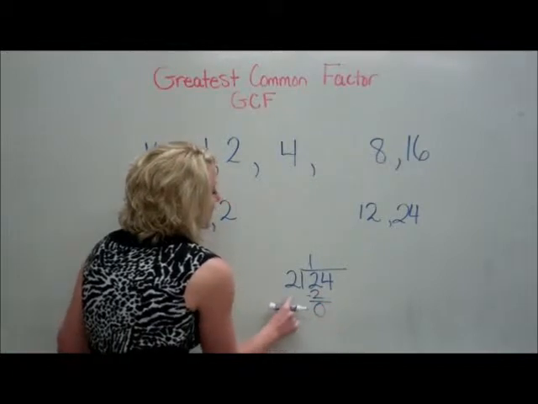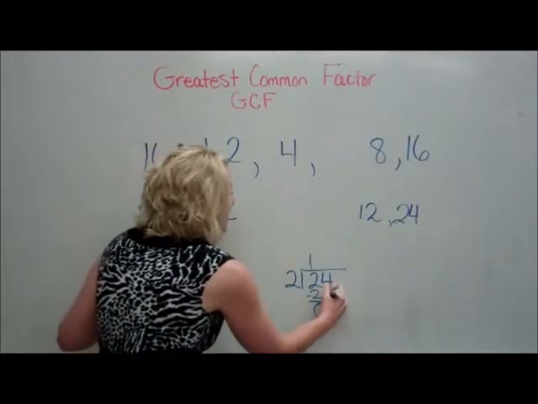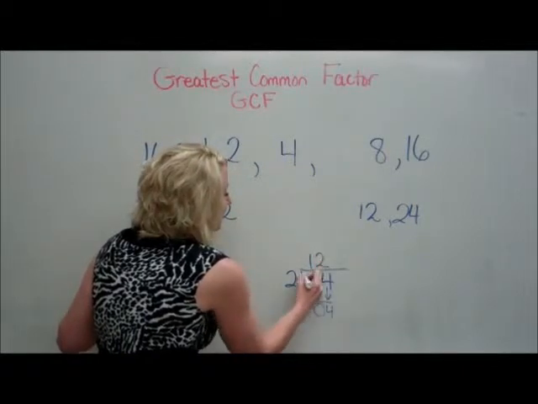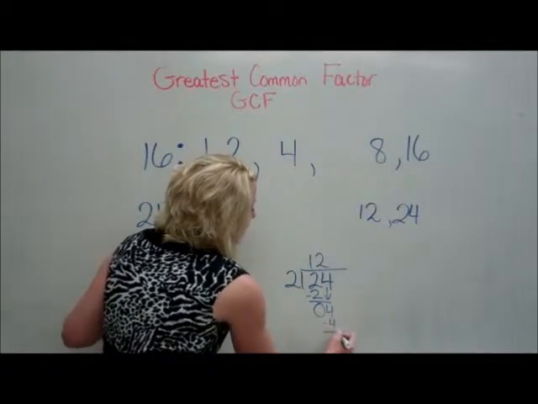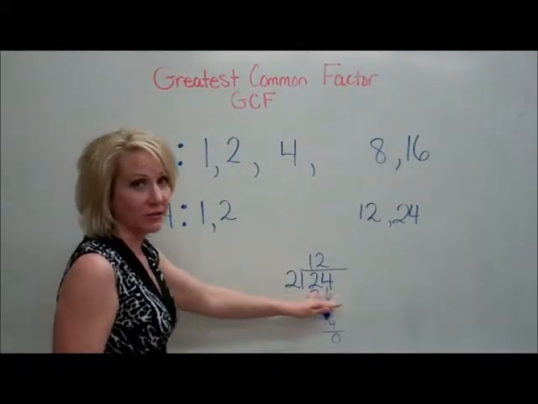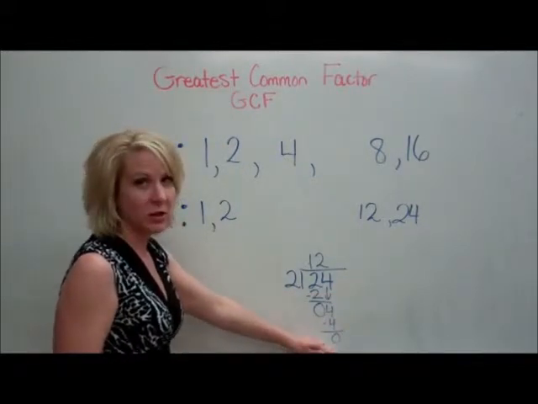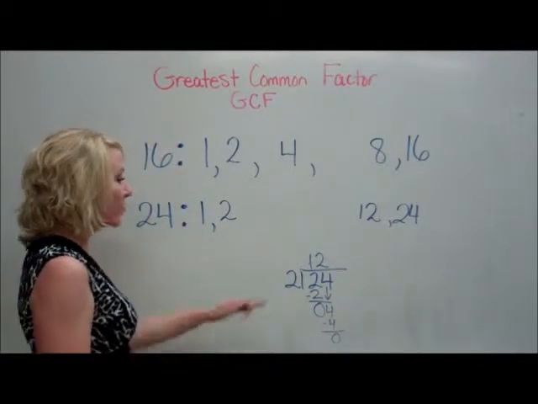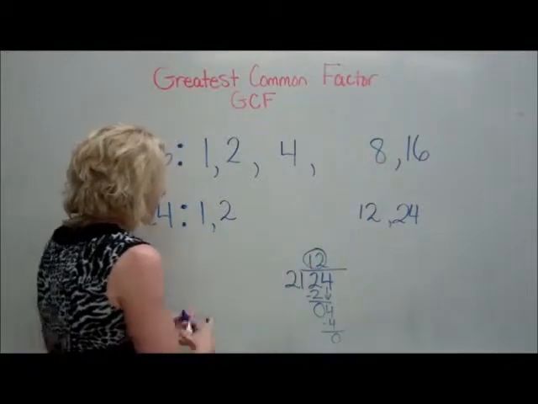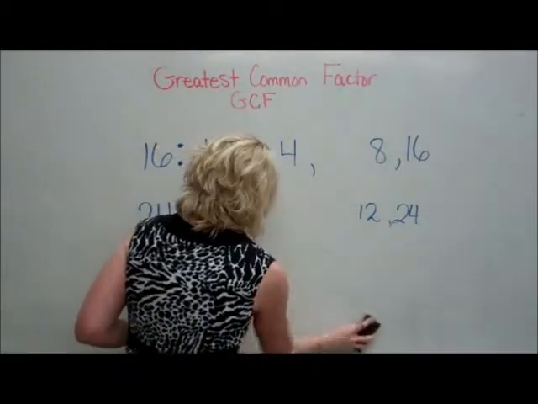We have 0. 0 is less than 2, so we're okay. Bring down the next number. 2 divides into 4 2 times. 2 times 2 is 4. Subtract, and we have a remainder of 0. 2 does divide into 24 evenly with no remainder. And so 2 is a factor of 24 12 times, which also gets written down over here. So 2 times 12 equals 24.